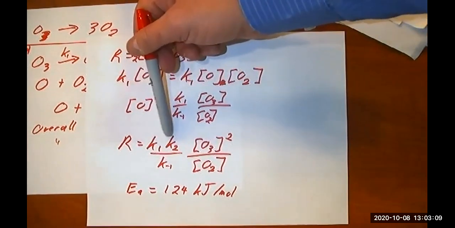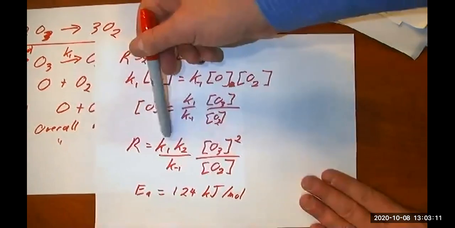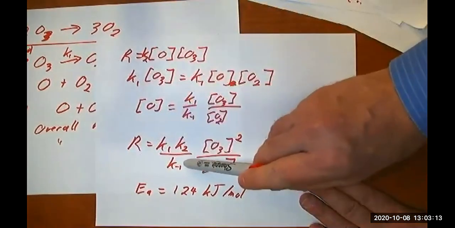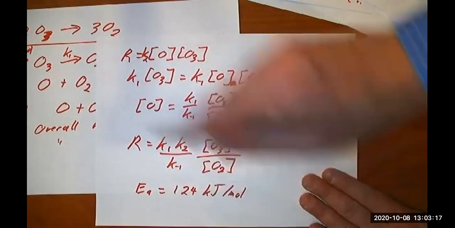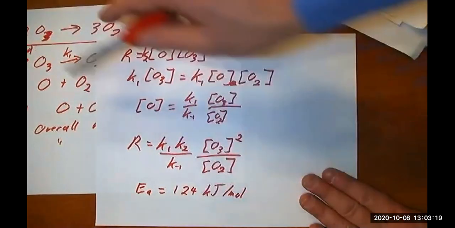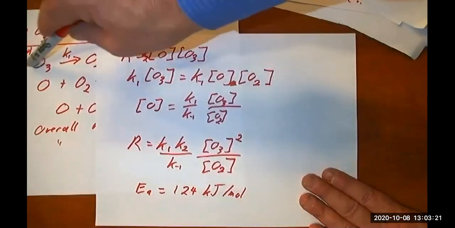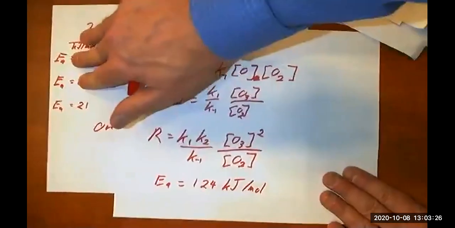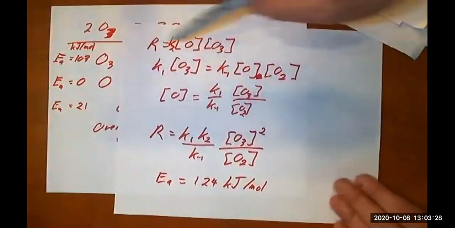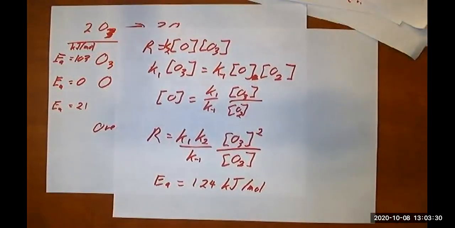So we add the activation energies for step 1 and step 2, and we subtract the activation energy for step -1 to get a total activation energy of 124 kilojoules per mole, because we have 103 plus 21 minus 0. Oops, I'm pointing off screen, sorry.